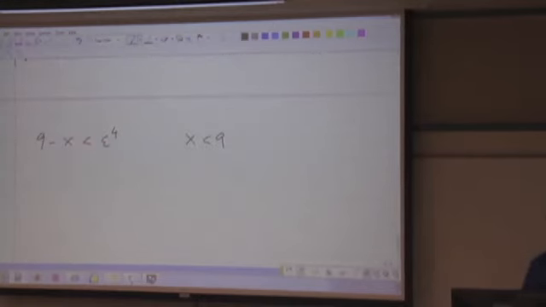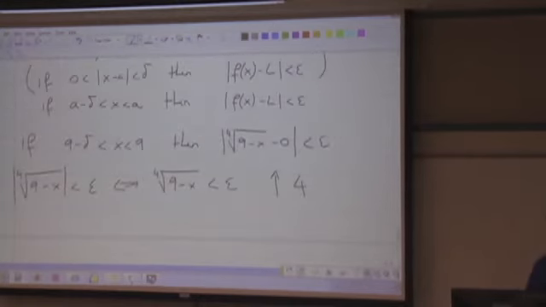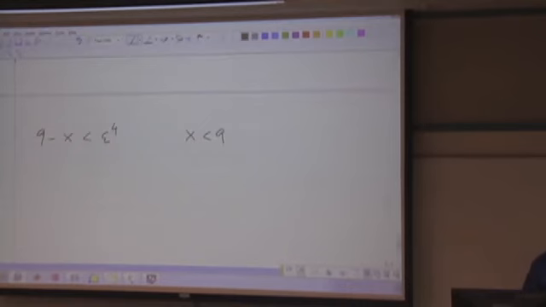So now from here, what I need to get to is this part. And from here I notice that x is bigger than 9 minus epsilon to the fourth. Right? Is that making sense? x moved to the right, epsilon to the fourth moved to the left, and I guess I wrote the inequality the other way.